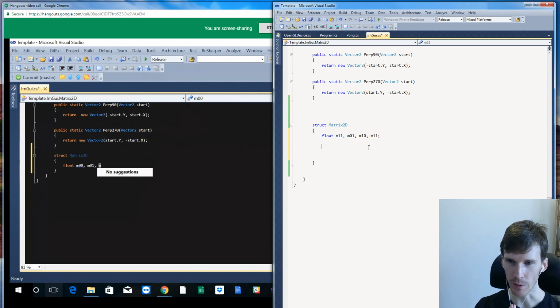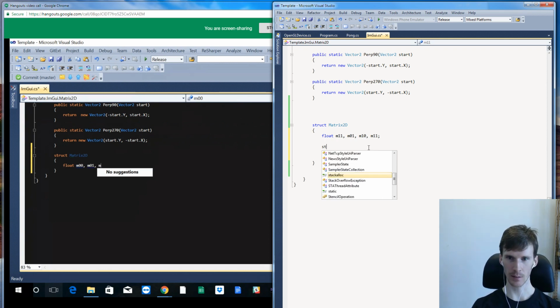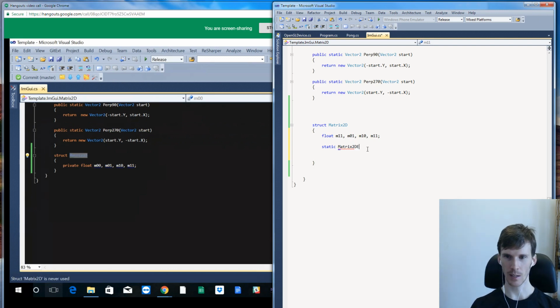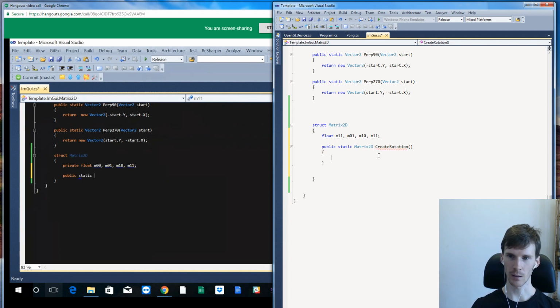So, let's think about what we can do with this. We can have a static Matrix2D. Whoops, that's not good. Public static Matrix2D CreateRotation. So we can just copy what we had before.